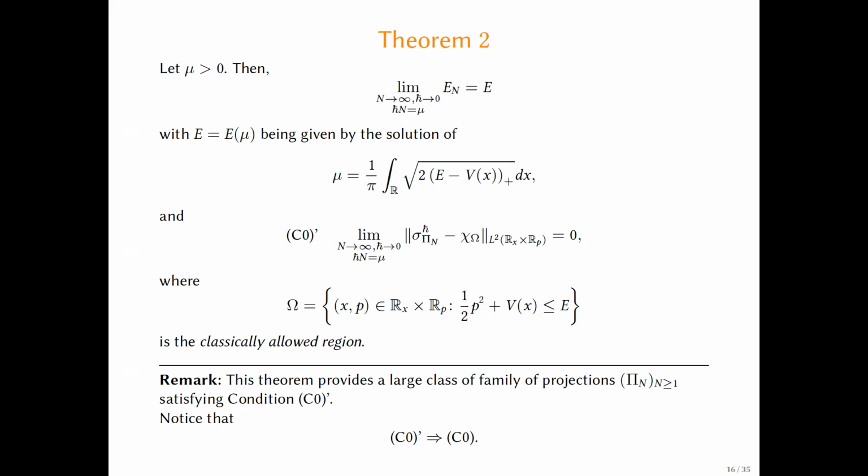Here this is 1/2 of p squared plus V, that is exactly the classical Hamiltonian associated to the Schrödinger operator. A very trivial remark is that condition C0 prime implies condition C0. So with this theorem, we have a large class of families of orthogonal projections that realize condition C0.